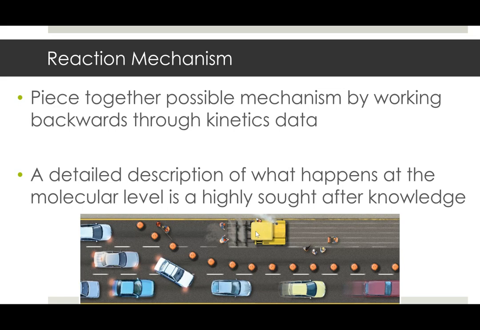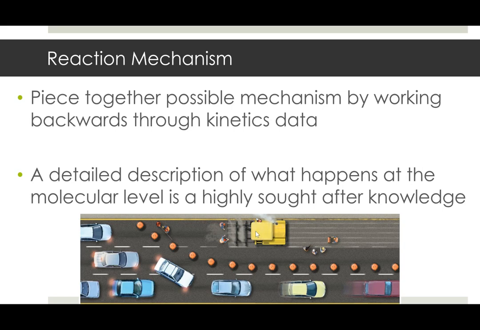That little 2-mile stretch is going to be your rate determining step. That's going to slow everything down. And how long you're in those 2 miles of the 1-lane road is going to determine how long your trip is going to take, right? So that's going to determine how fast you can get there.